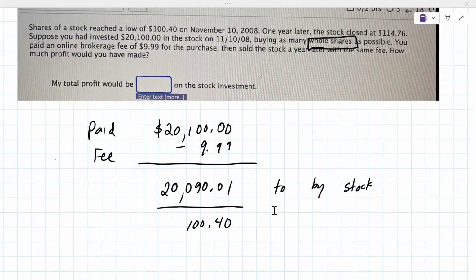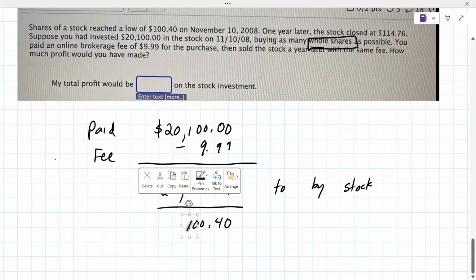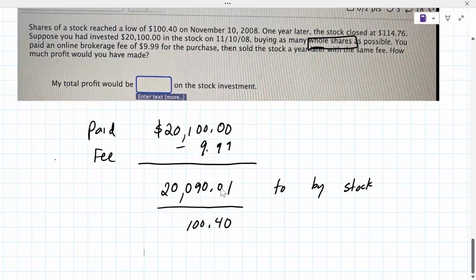And the problem is when you do this one or if you use the original amount, it's not quite a whole share. So I guess this is gonna be one of those where we're probably not gonna get it right, and you're gonna have to send in your work because they're slightly different. All right, let me try one more thing here. I'm just kind of looking ahead. This doesn't seem to work out quite right.